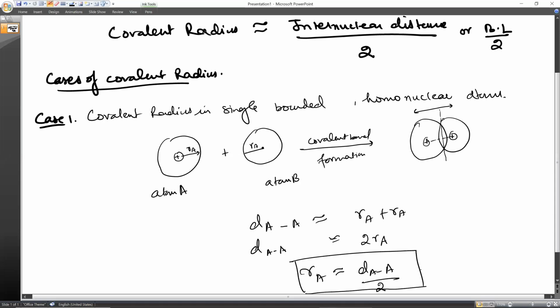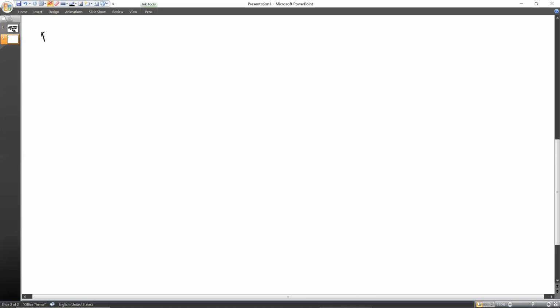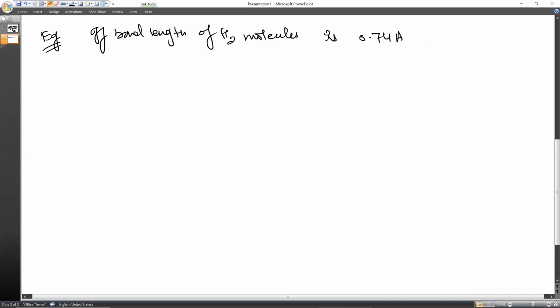Let's have an example. If the bond length of the H2 molecule is 0.74 angstrom, then what is the covalent radius of the hydrogen atom?